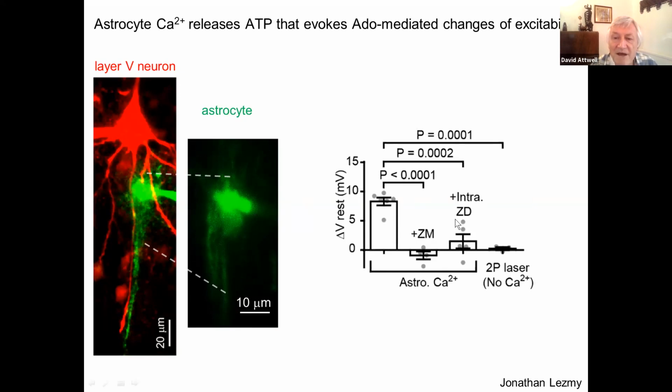It's blocked by dialyzing in a blocker of this, the A2a blocker. It's blocked by dialyzing in a blocker of those IH channels, and nothing happens if there's no caged calcium in the astrocyte. So this is just like applying adenosine, and we assume that's what the calcium uncaging is doing.